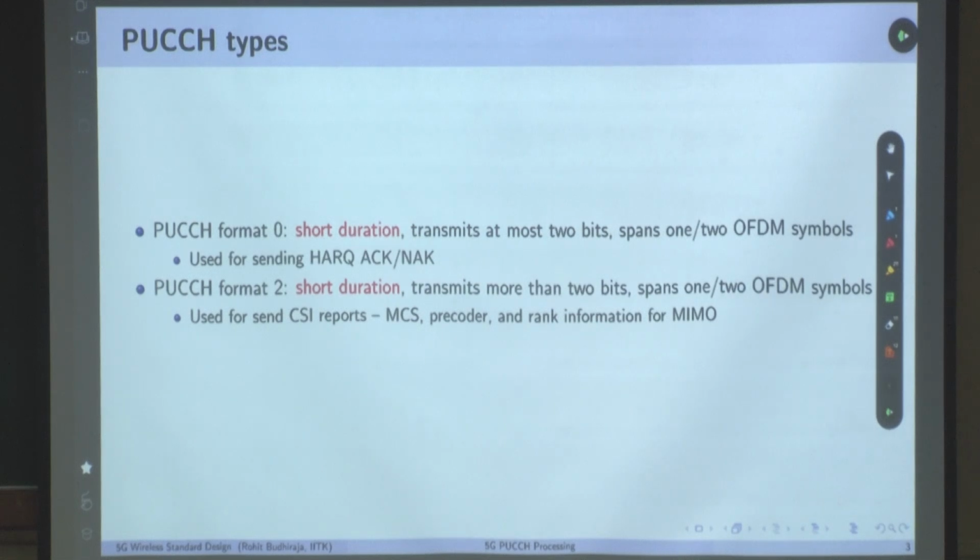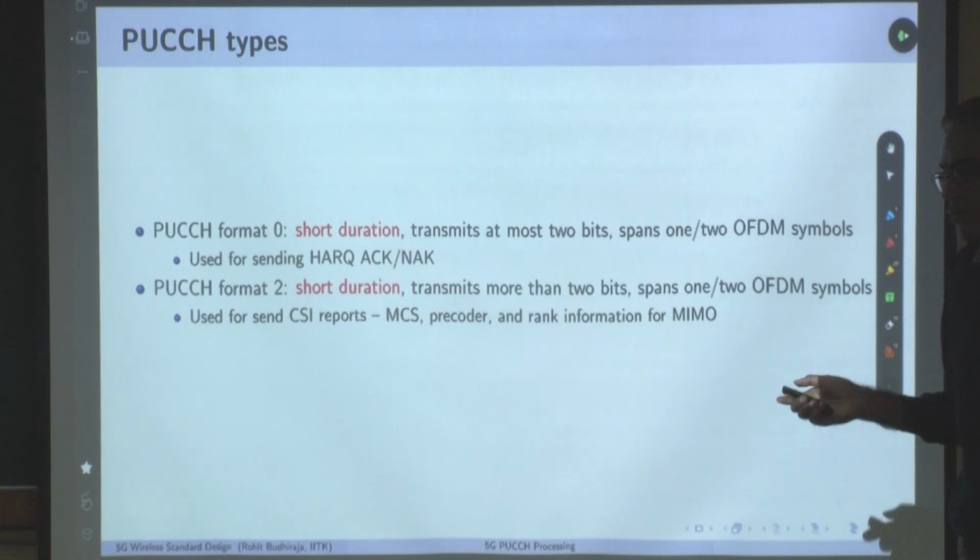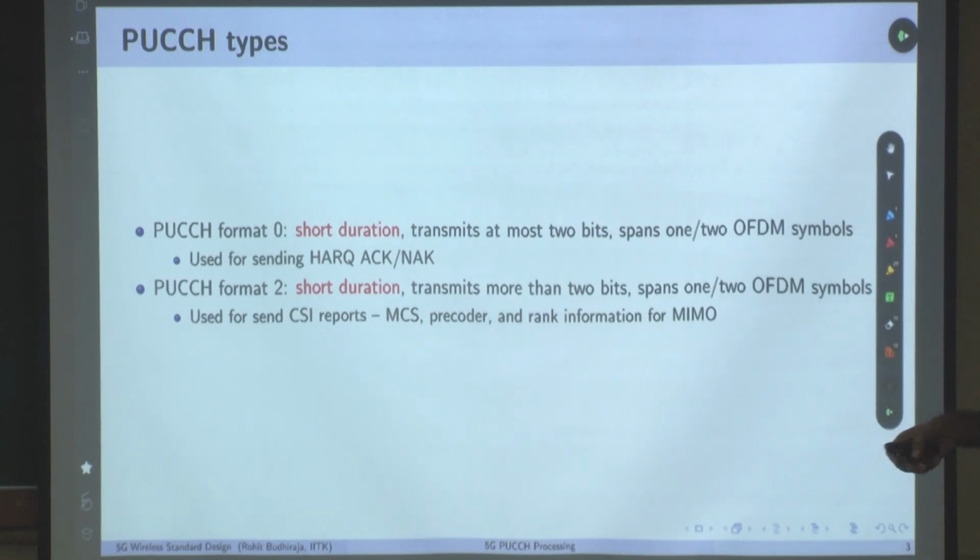So you see that all the dots are getting connected. Even before the downlink transmission happens, the user has to send this. We have not spoken about it, but you should know that it is also used to enable MIMO transmission. So we will see this format 0 chain first, and then we will look at format 2.